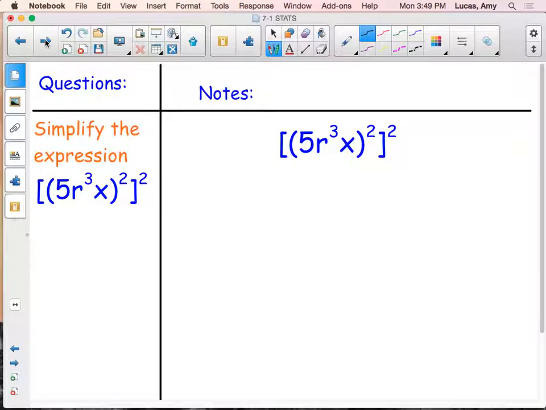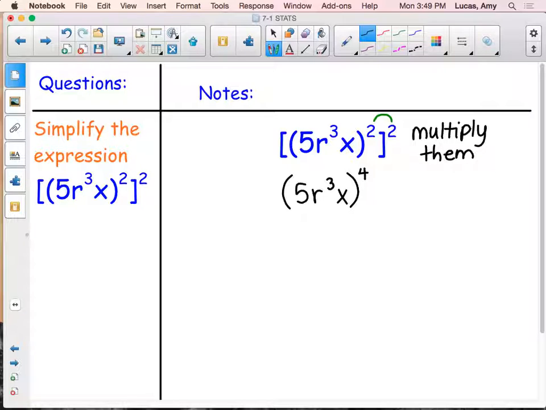Okay, more complicated again. Well, when you have a power on a power, this power on a power right here, you can multiply together. So then we really have 5r to the 3rd x, and 2 times 2 is 4. So you can multiply those together because they were both outside of the parentheses. So multiply them.